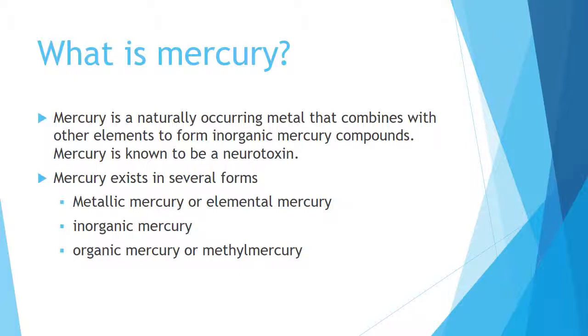Mercury exists in many forms, as said before. Some of these are metal or elemental mercury, inorganic compounds of mercury, or organic mercury, or methylmercury, which is our focus today.